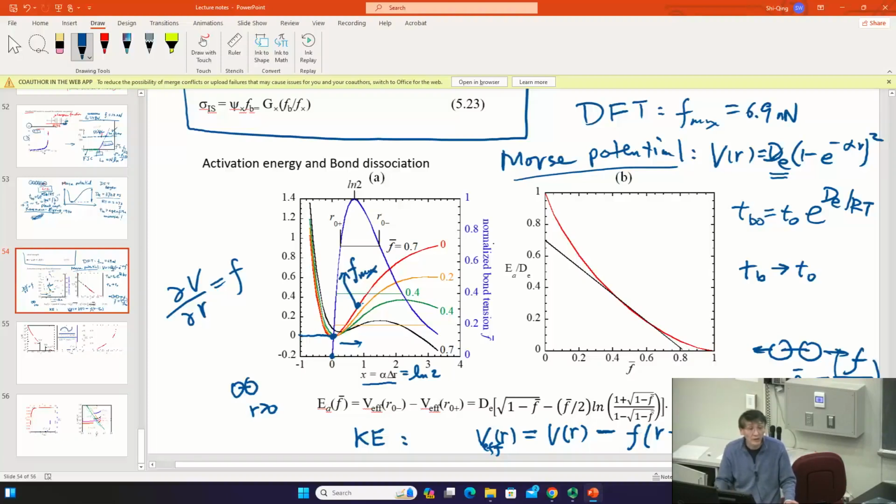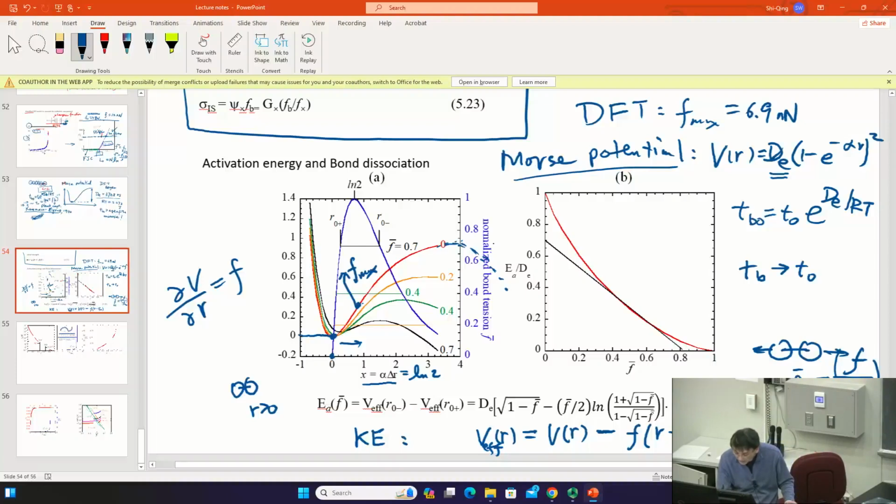Then I can start to indicate the mathematical consequence of this. I illustrated using 3 different F bars. If F bar is 0, then this is where we eventually have the barrier. It takes a long time to break.